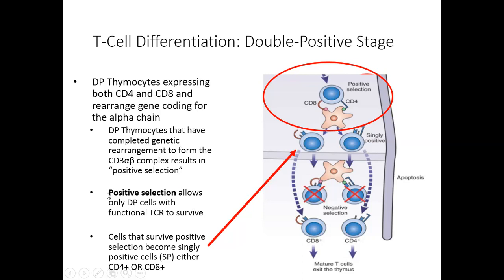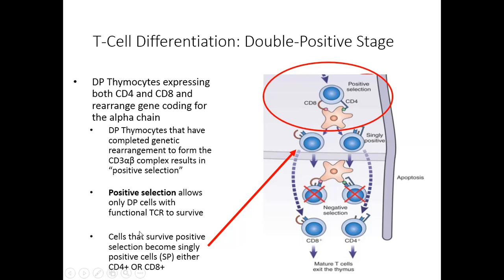That means only the cells that actually have a functional T cell receptor are going to move on. If testing shows that the T cell receptor is not functional, that cell is targeted for apoptosis. It's going to be killed, and it's not going to go through the rest of the testing that we do in development.